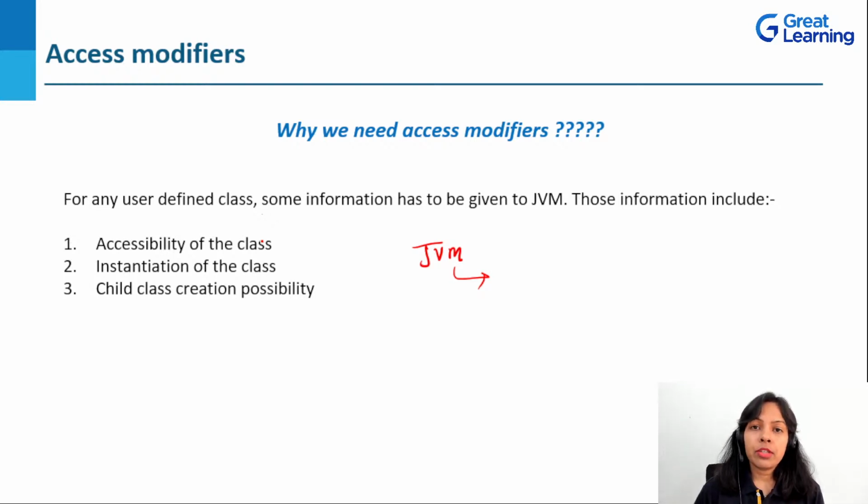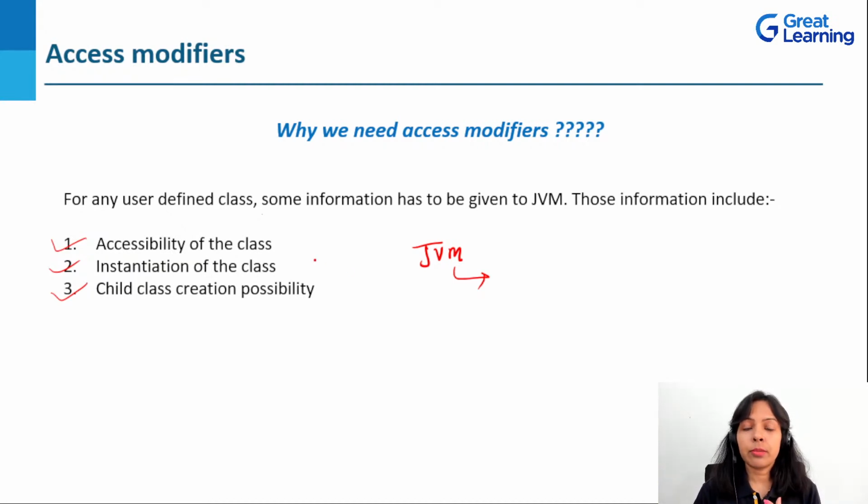Now, what information exactly? These three basic pieces of information are required to be sent to the JVM. The first is the accessibility of the class. I have taken a class as an example here, but you can consider the same thing for methods and variables also. For a class, where is the class accessible from? Is the class accessible from a child class?